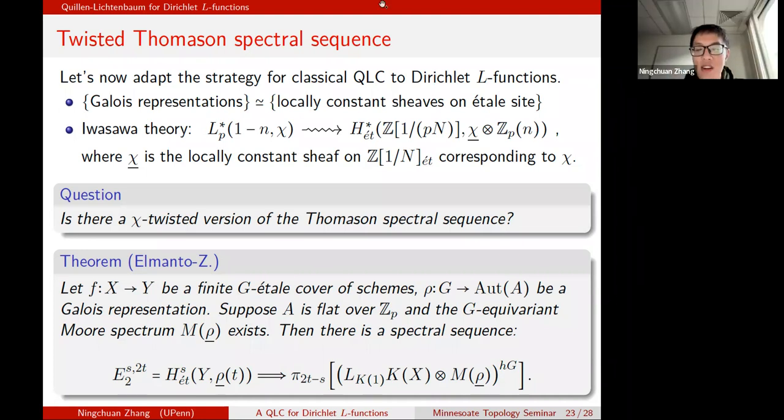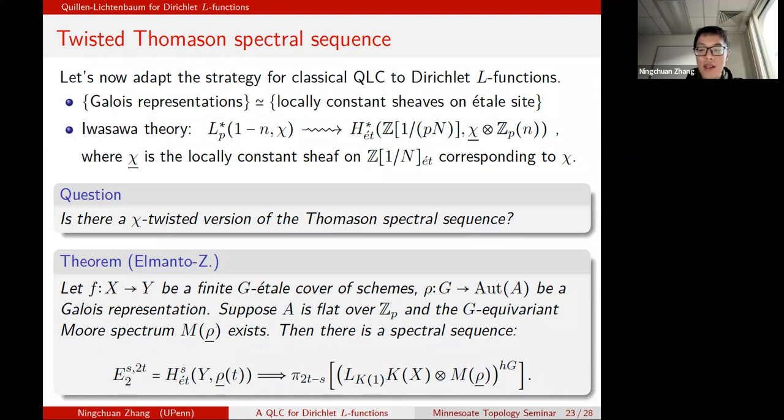Yeah, that's a great question. Thanks, Craig. Sorry, I wasn't being very clear here. It's actually two parallel strategies. One strategy is just to mimic the original proof of Quillen-Lichtenbaum. So first, Iwasawa theory from the p-adic L-function to étale cohomology group, étale cohomology group to K1 algebraic K-theory spectrum, and comparison with the integral version.